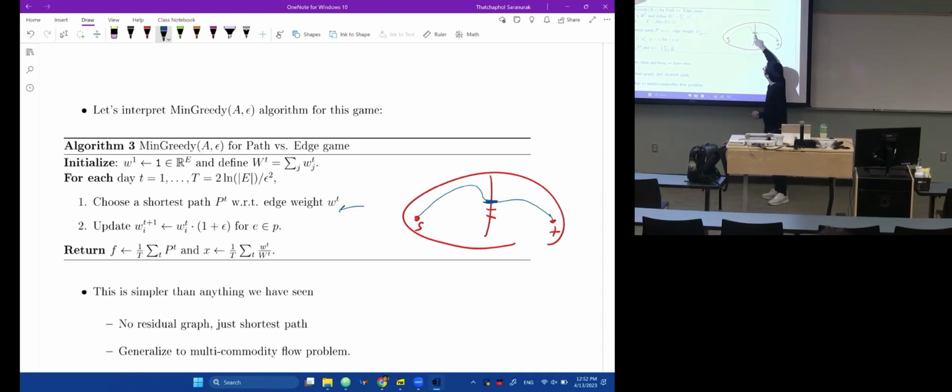It shouldn't go through this one again. So it will automatically spread the flow along the small cut. So it just makes sense intuitively, and it works formally from this game.